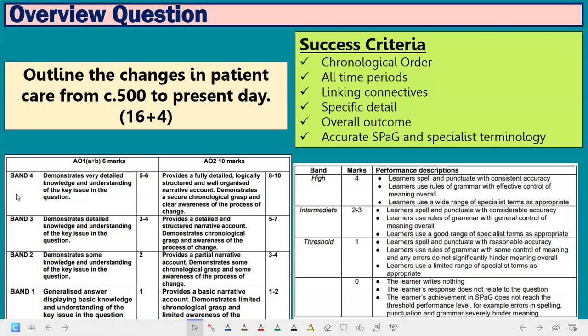It should include all time periods, so medieval, early modern, 18th and 19th century, and modern up to present day. You should have lots of specific detail and facts in there, and you should round it out with an overall outcome. In addition to that, we get up to 4 additional marks for accurate spelling and grammar and use of specialist terminology. So you need to be mindful of that as well.